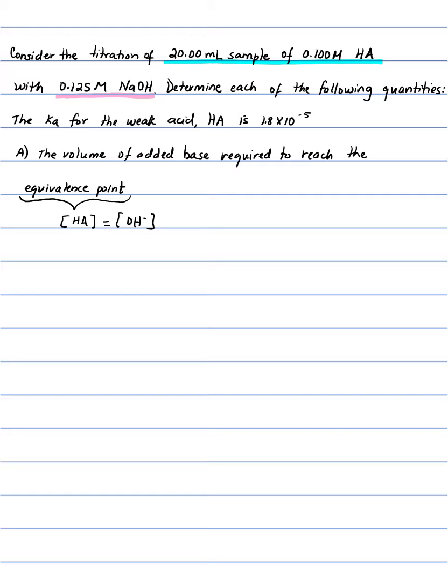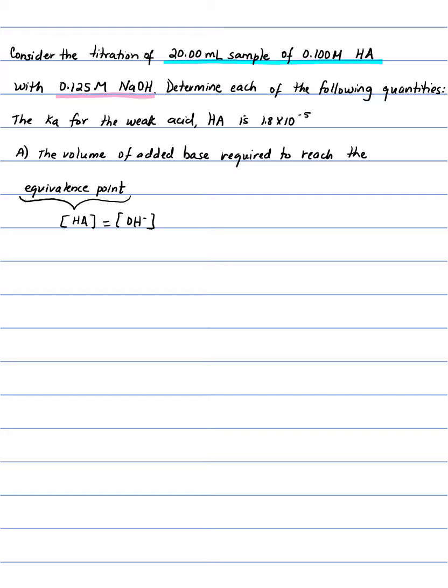And I'm writing just the hydroxide because the sodium hydroxide is the base that you're adding, and the base will react with the acid. So the part that reacts with the acid is not the Na, it will be the hydroxide ion. So at the equivalence point, you have the same concentration of acid and base, which means that all the acid is being neutralized.